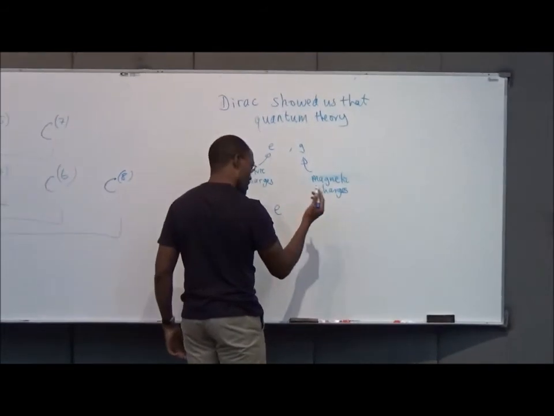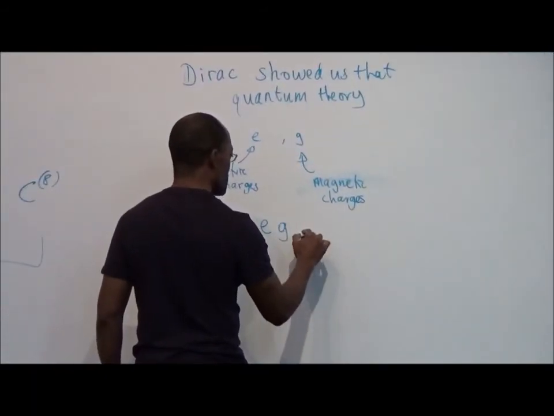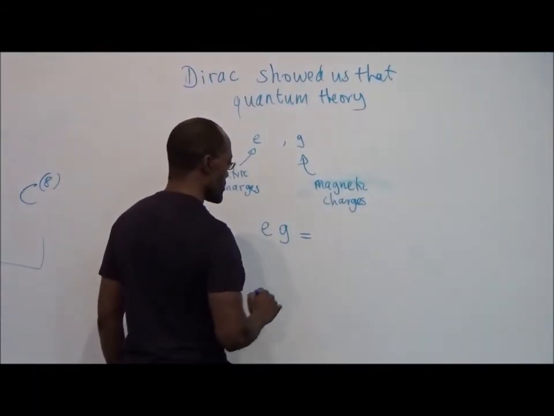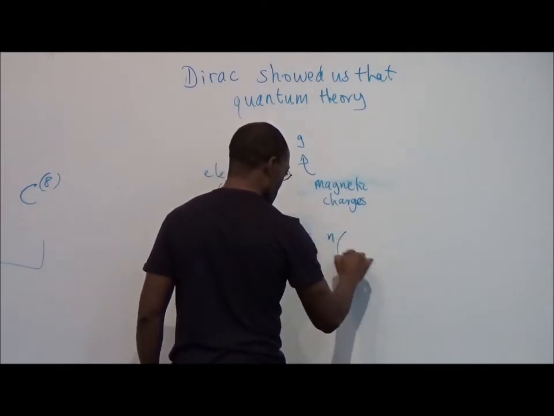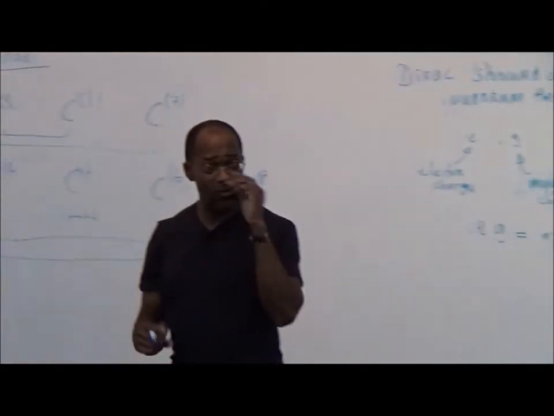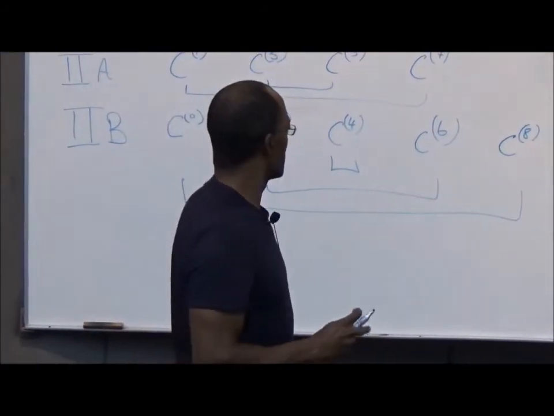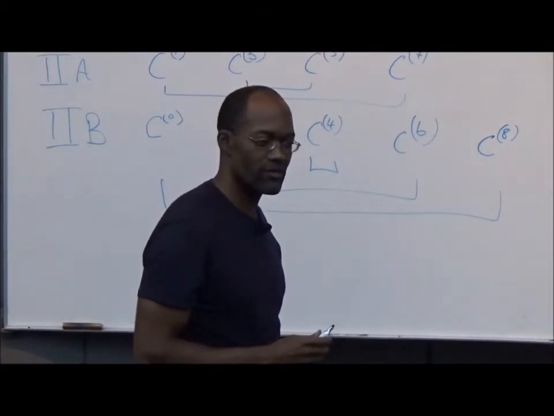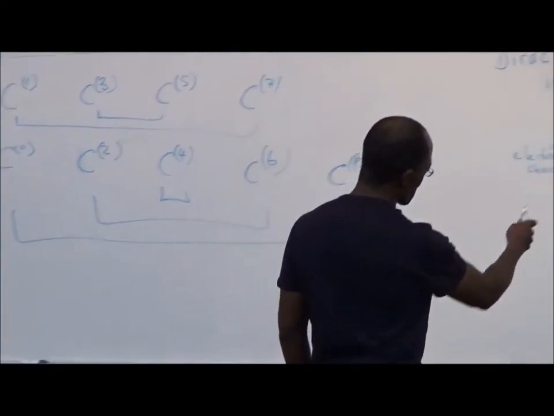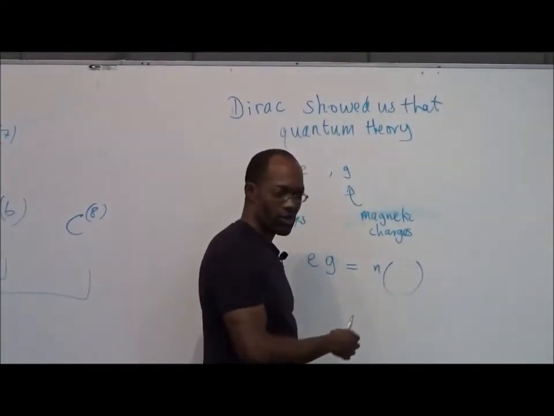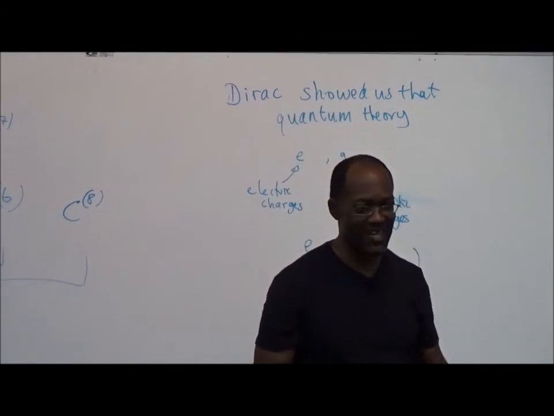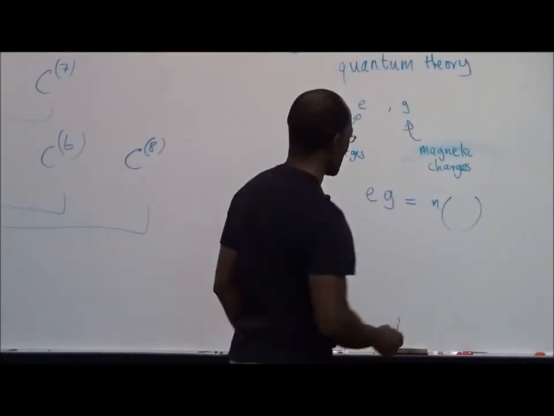E times G is some integer times some numbers. I'm not going to get the numbers right. I'm not going to remember. Do you remember this? It's either 2 or 1/2. What's like 2 or 1/2? The thing in the parentheses. Well, there are numbers like h bar and c squared and things like that. Those are the numbers that mean, right?